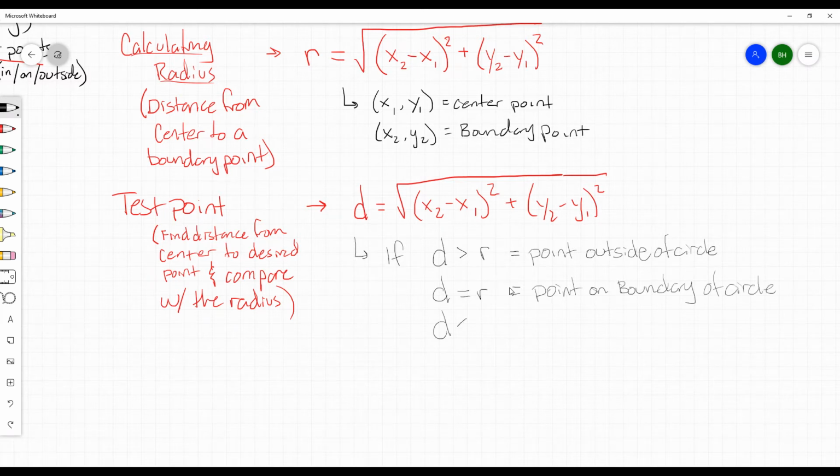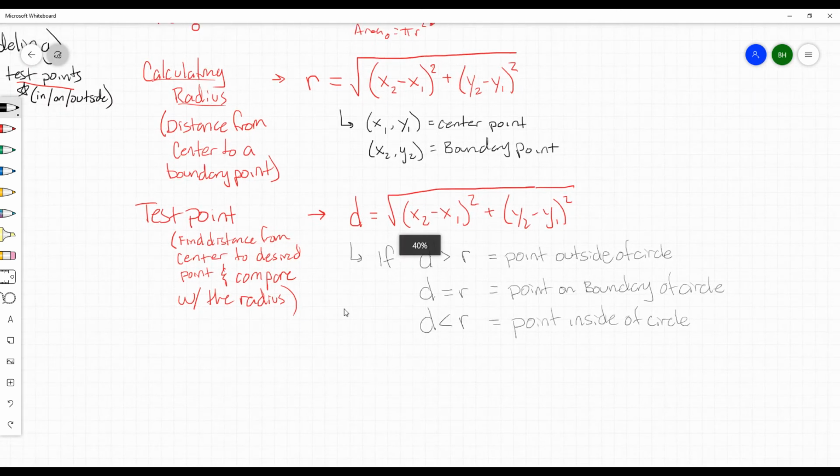And if d, the distance, is less than our radius, then we know that the point is inside of the circle. And we will be able to play with that as we continue.